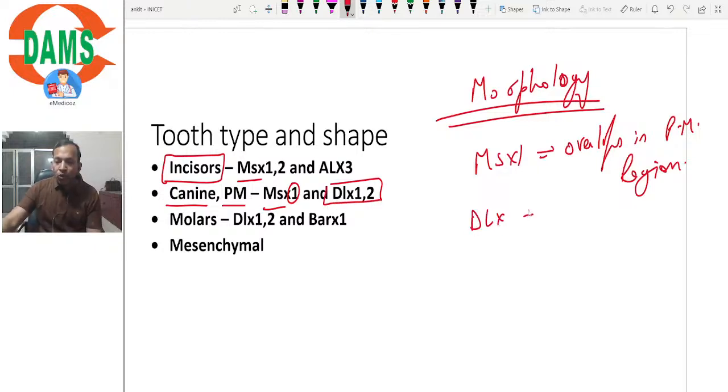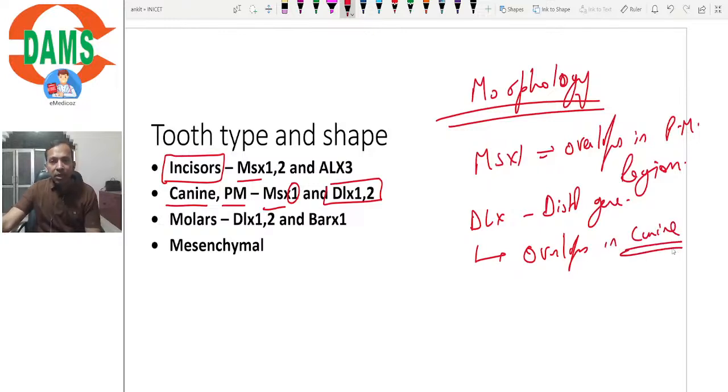DLX is a distal gene, right? It overlaps in the canine region. As you can see, DLX1 and 2 are also expressed in the molar region. They are expressed in the premolar region, and then they overlap in the canine region. Similarly, MSX1 and 2 are expressed in incisors, but MSX1 overlaps in the premolar region.